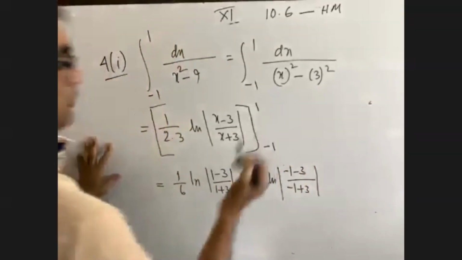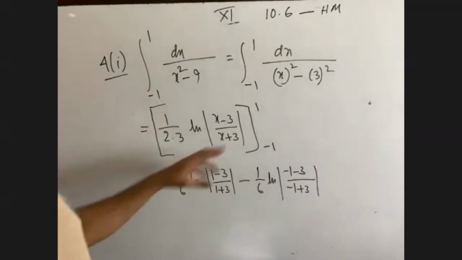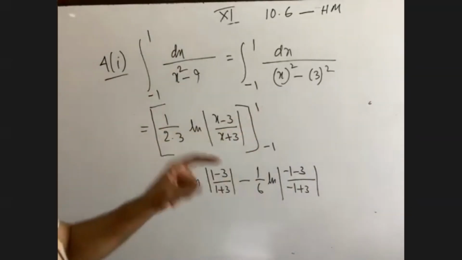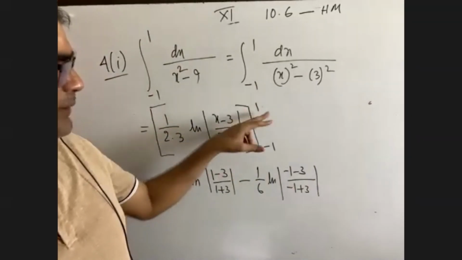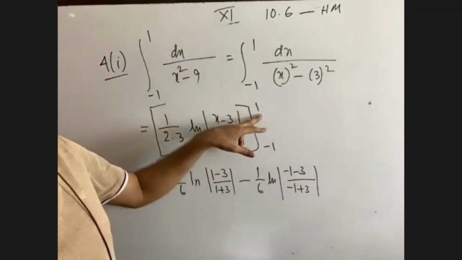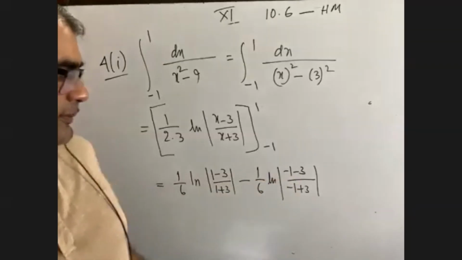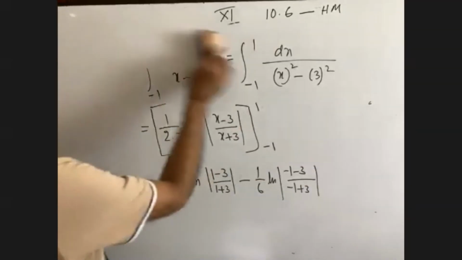Talk to me if you don't understand. At first the upper value, then minus the lower value, nothing else. Please try to understand. At first, I have to put the value of x as the upper value 1, then minus the lower value of x. Now nothing is left, just to calculate. Actually, we are done.